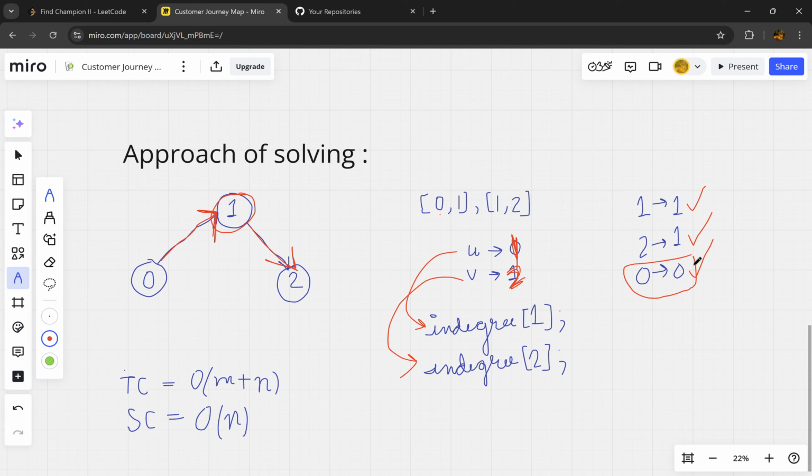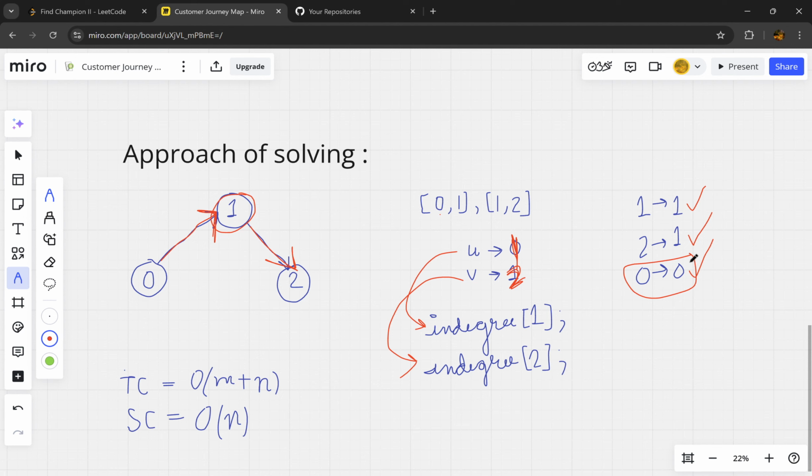Now, the approach of solving this particular question is that we have to count the number of in degree, or number of ingoing arrows, present for that node.